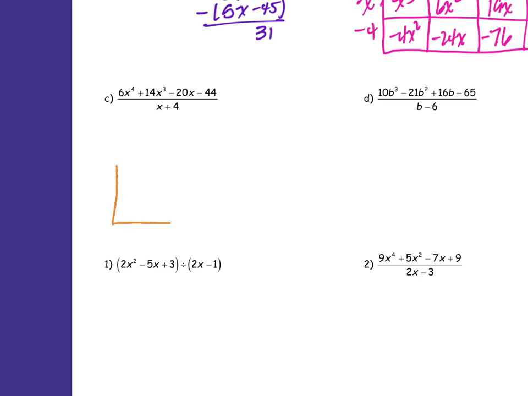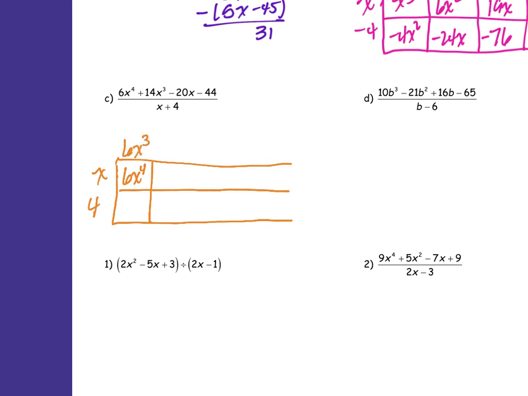I know I did this one, the long one too, the box way. And so I've got x plus 4, and this is 6x to the fourth. So I multiply by 6x cubed, and 6x cubed times 4 is 24x cubed, and I need it to be 14x cubed. So I subtract 10x cubed from that.